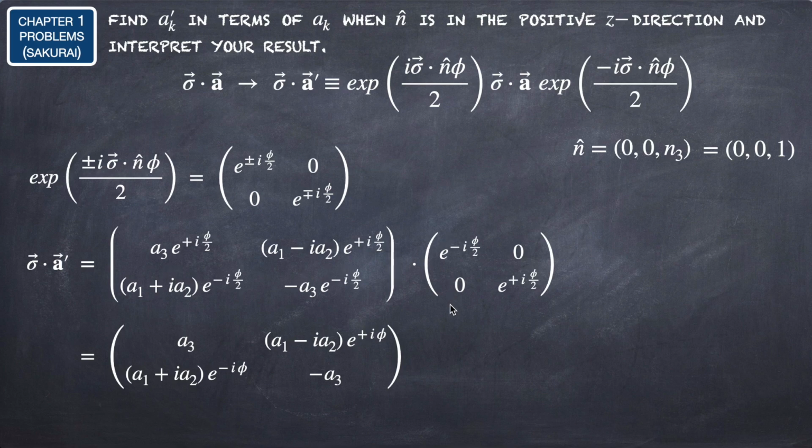The second line by the first column will result in this term, and then the exponential of this times the exponential of this argument will result in the exponential of minus i phi. And then the second line by the second column will result in minus A3.